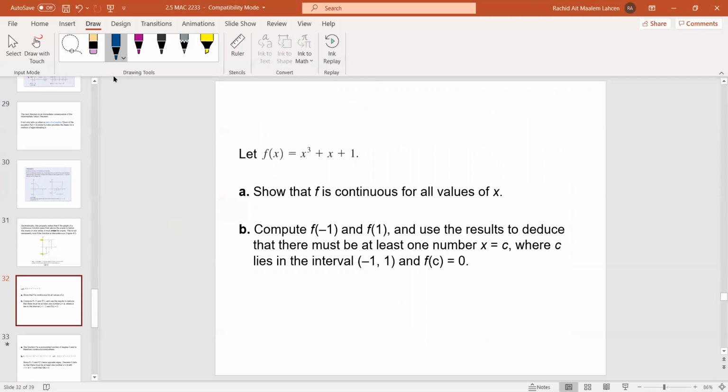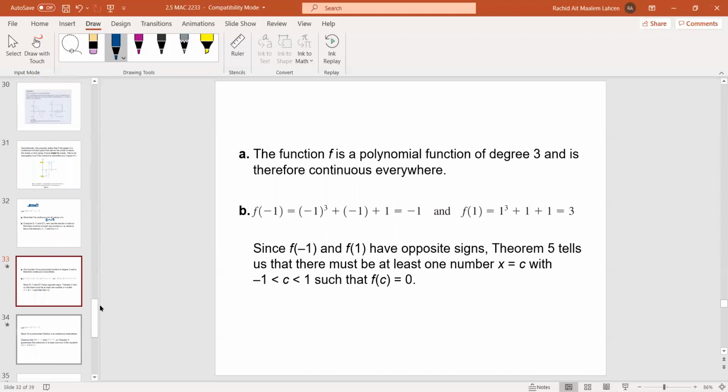Example: show that f is continuous for all values. Well, it's a polynomial, so it's continuous. Compute f of -1 and f of 1. So we're testing an interval here, from -1 to 1. Based on the results, deduce that there must be at least one number c such that f of c equals 0.